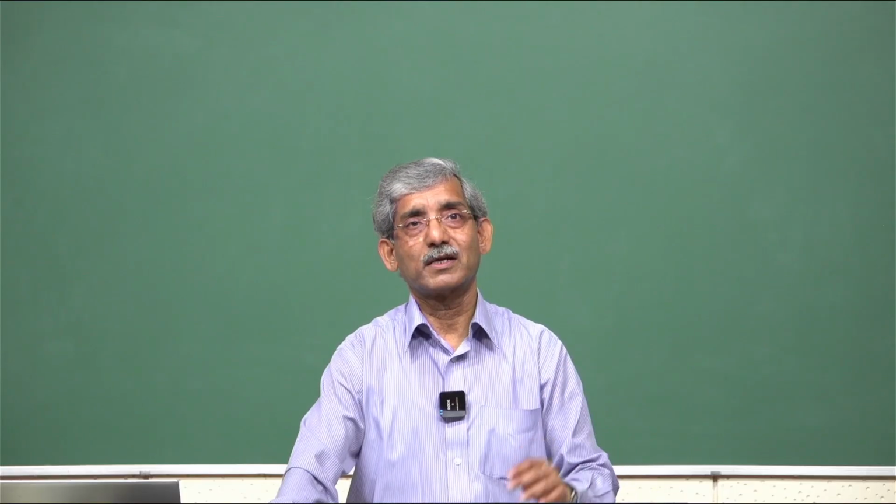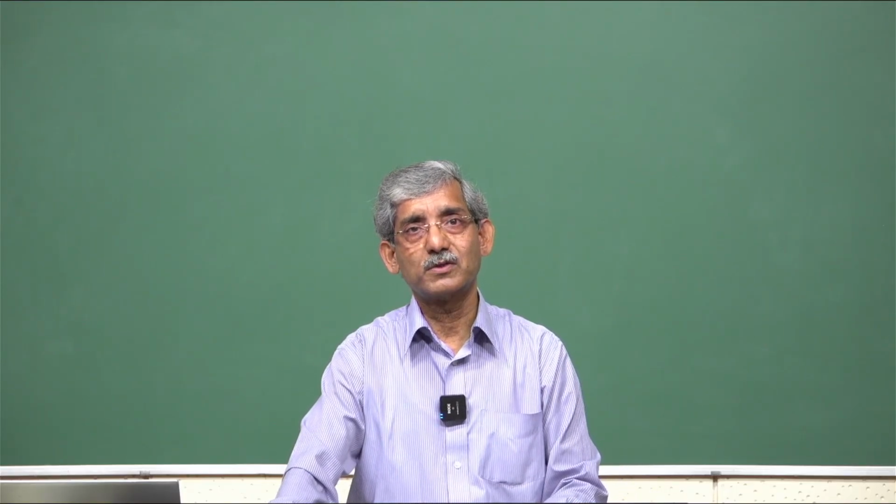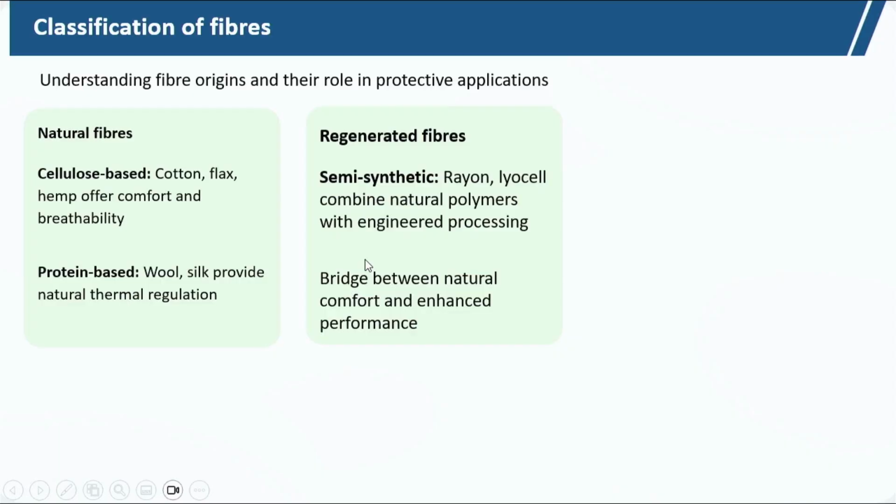So, for protection natural fibers are used. Regenerated fibers, which are semi synthetic, like regenerated cellulosic fibers, rayon and lyocell, combine natural polymer with engineered processing. This bridges natural comfort and enhanced performance.